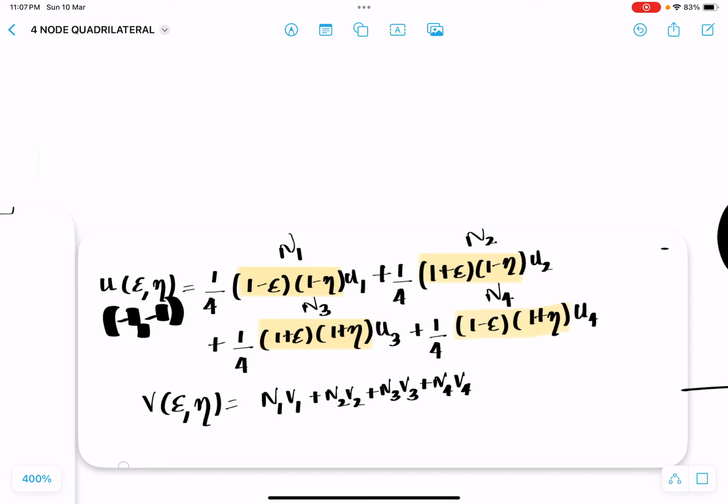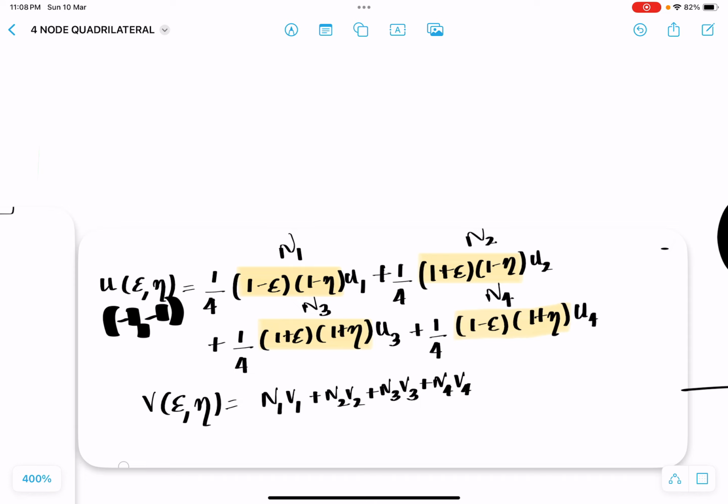Okay, n1 should become 1 and n2, n3, n4 should become 0 in order to satisfy the boundary conditions, and you have derived these equations by applying the boundary conditions. So obviously it is quite axiomatic that it has to satisfy the boundary conditions. Okay, so at minus 1 comma minus 1, the value of n1 should be 1 and the others, n2, n3, n4, should all become 0 to satisfy the boundary conditions, and it will satisfy them.